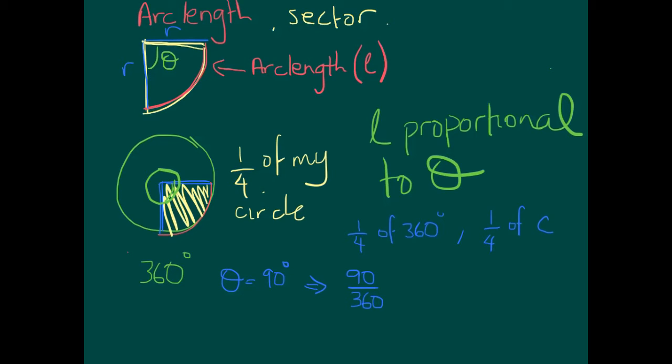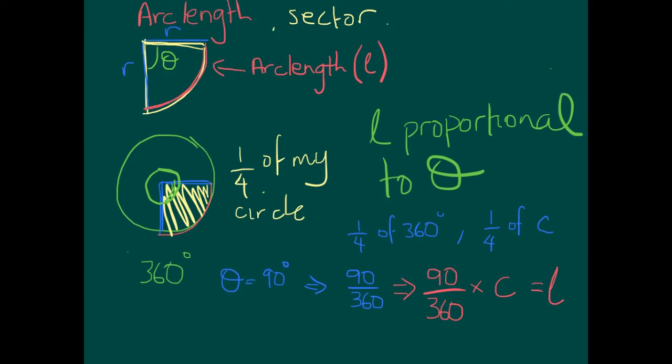I can now reduce my entire circumference by that fraction as well. So we write 90 over 360 multiplied by our circumference, and that will give us our arc length.